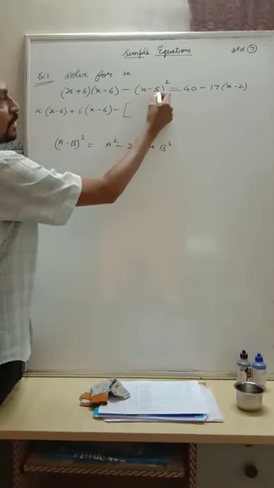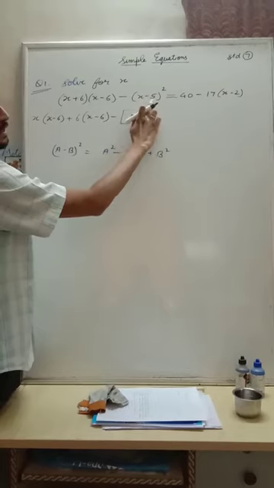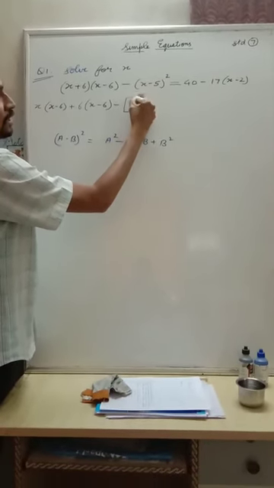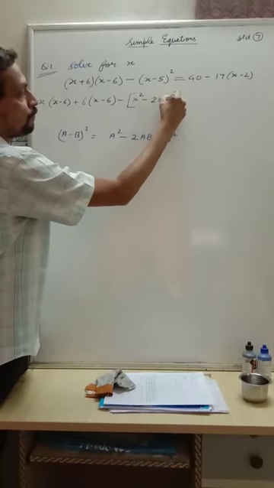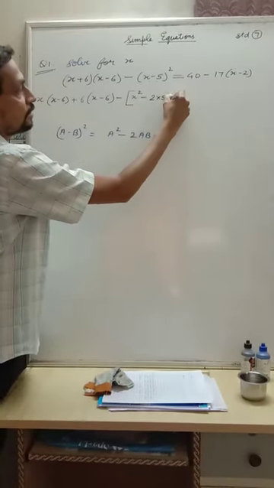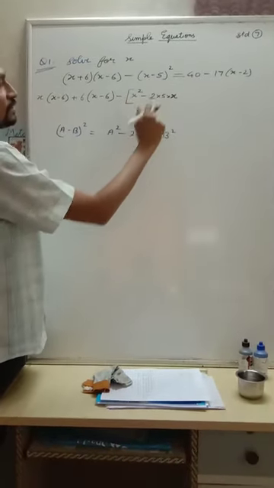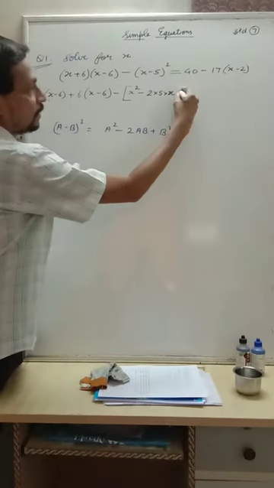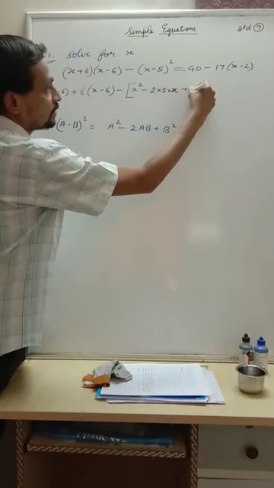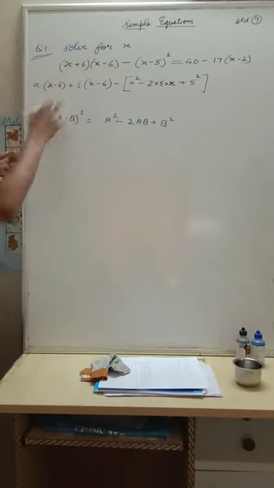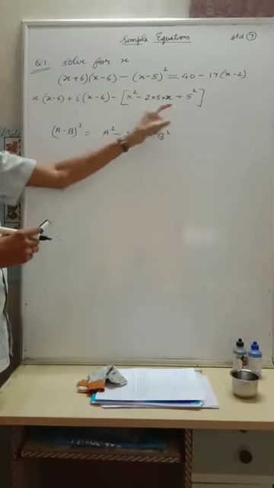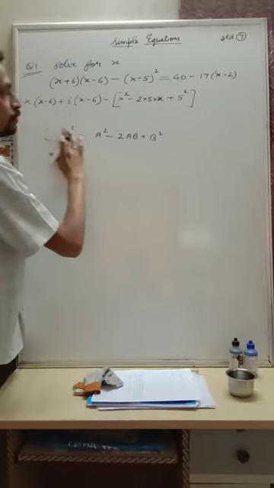This is x minus 5 whole square, this is a, this is b, so the expansion will be x square minus 2 into 5 into x, that is 2ab, and plus b square, so that is plus 5 square. Now this is the expansion of these two brackets and this is the expansion of this bracket.